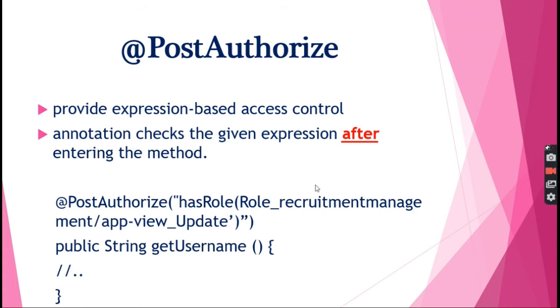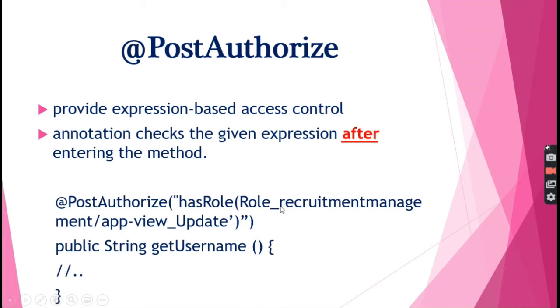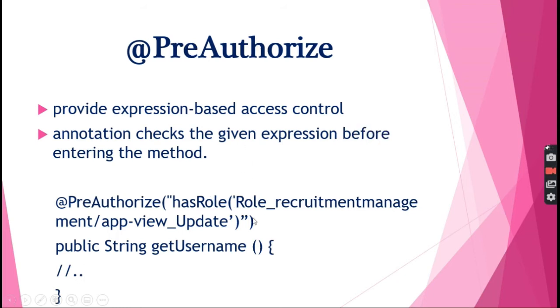That's the basic idea of the PostAuthorize annotation. This is the main difference between PreAuthorize and PostAuthorize: if you use the PreAuthorize annotation and the user doesn't have this authority, the user can't even go inside this method.